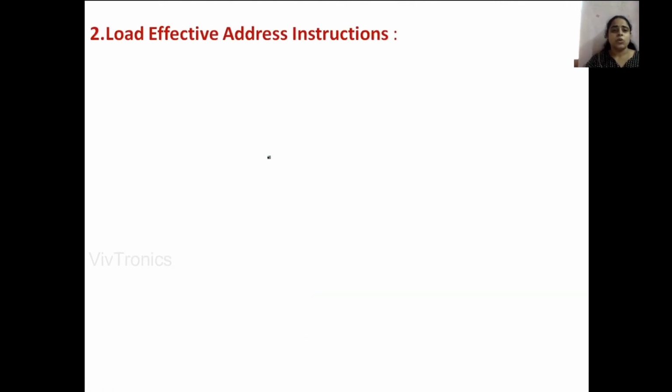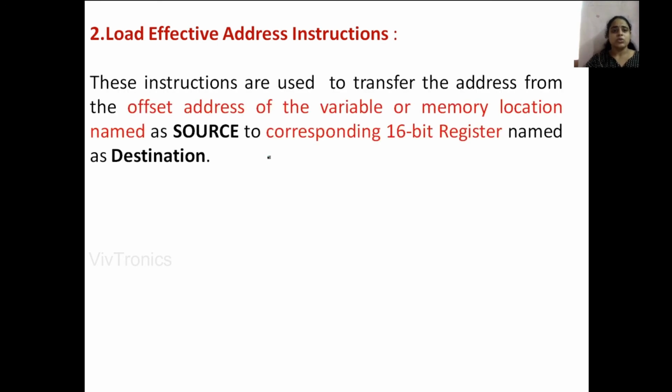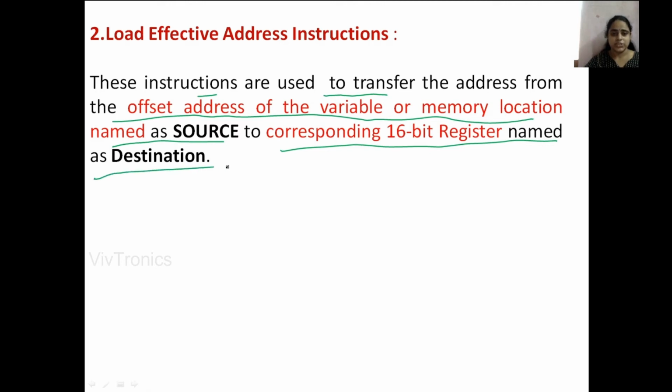And next one is the load effective address instructions. The purpose of these instructions is to transfer the address, from the offset address of the variable or memory location named as source, to the corresponding 16-bit register named as destination.